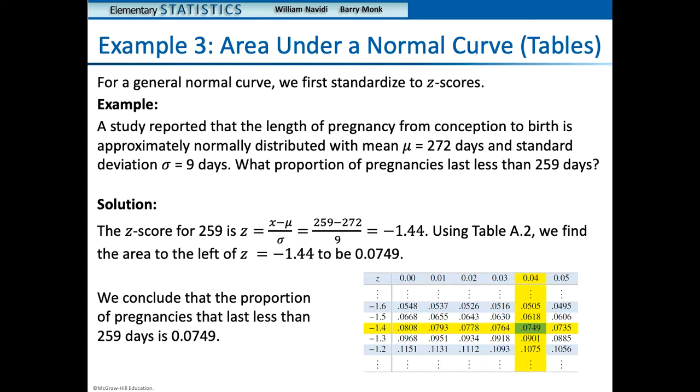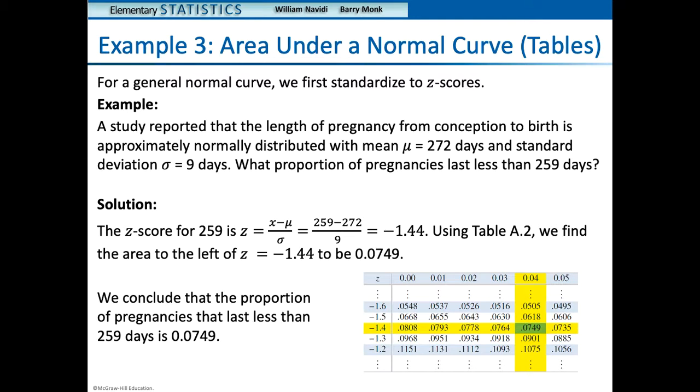I would recommend, if you have a piece of paper, just do a quick sketch of a normal curve, draw a bell shape. And this time we're dealing with a normal distribution that has a mean of 272, so 272 will fall right under the middle of that bell curve. The question is, what proportion of pregnancies last less than 259 days?